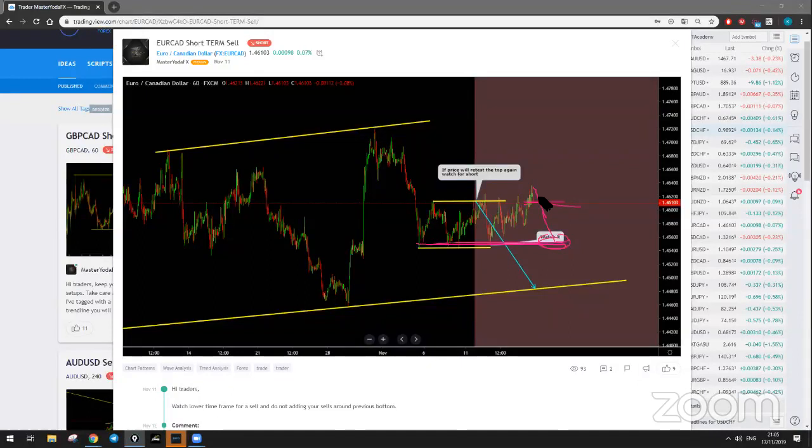Otherwise, take off your profit or hold it with a break-even trade, because it can reverse to the upside, tag that bottom, and then continue to the downside. If you take the sell from those spots somewhere here, be careful at that bottom. From that trend line, I recommend you take off your profit because from there I see the price going up, and I will be a buyer around that trend line.